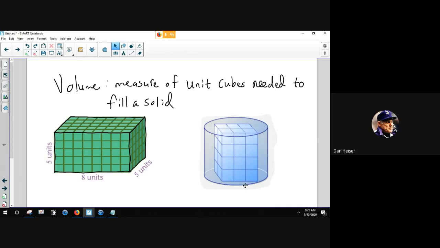Find the area of this base, which happens to be a circle, and multiply by its height, because a cylinder is like a prism. Every little individual level is exactly the same. It's as if we took this bottom circle and just copied it as we moved up and moved up and moved up to create one smooth solid.